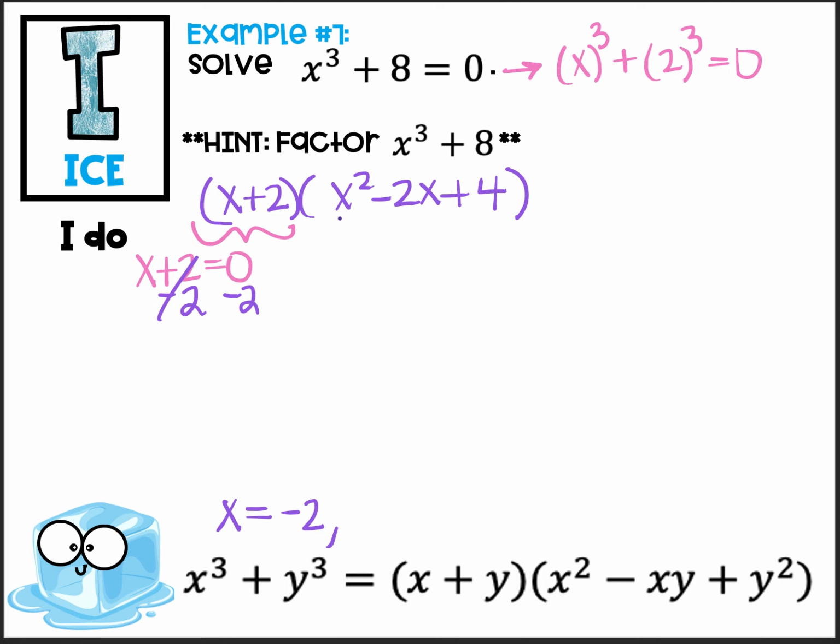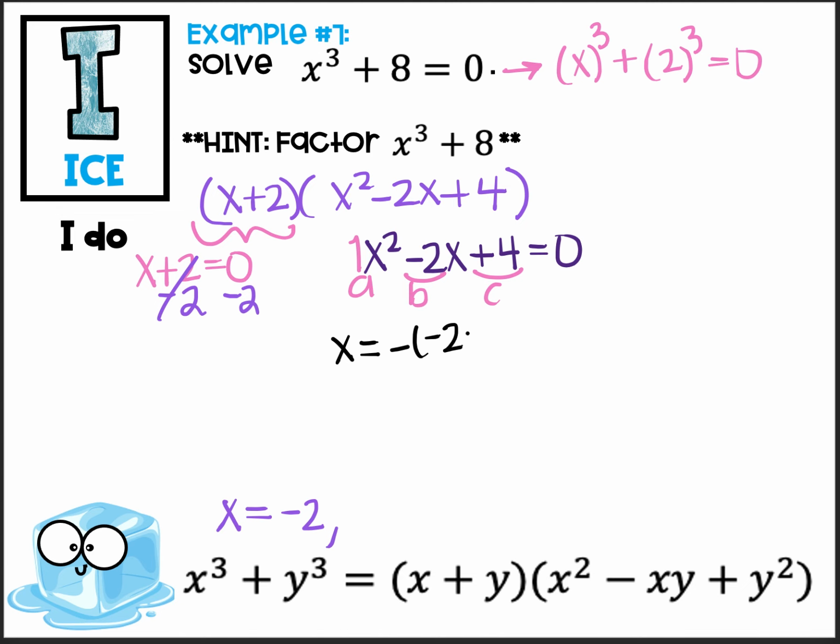For the second factor, x squared minus 2x plus 4, if I set it equal to 0, it would be easy to solve using the quadratic formula. My a is 1, my b is negative 2, my c is 4. x equals negative b plus or minus the square root of b squared minus 4ac, all over 2a.